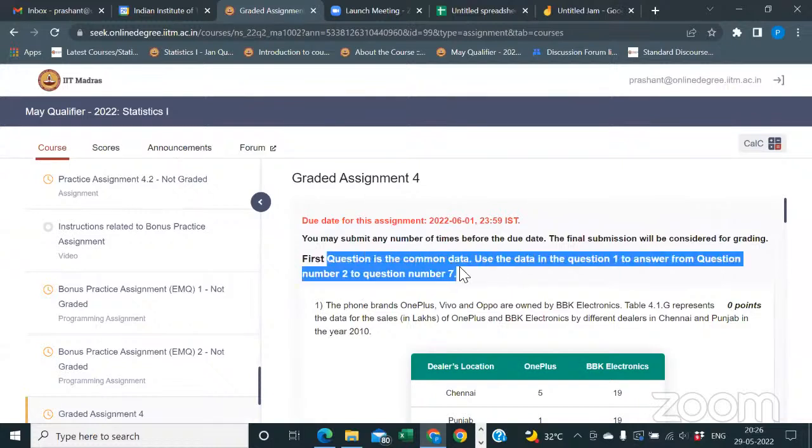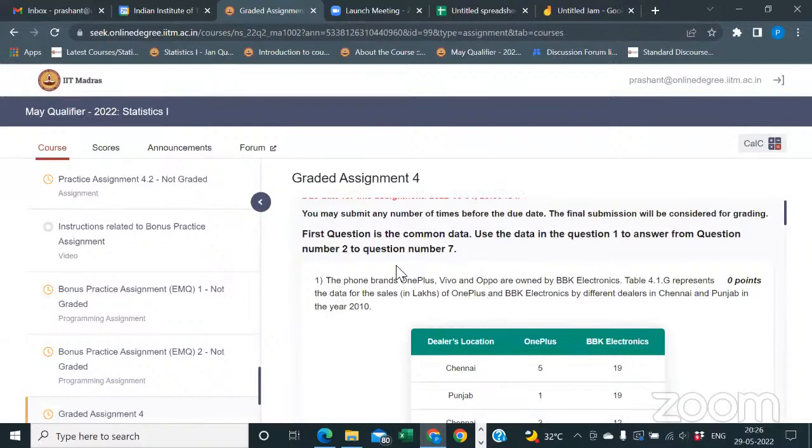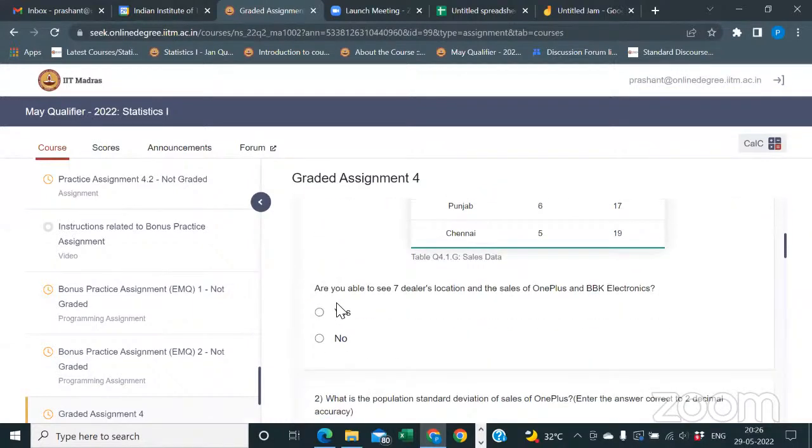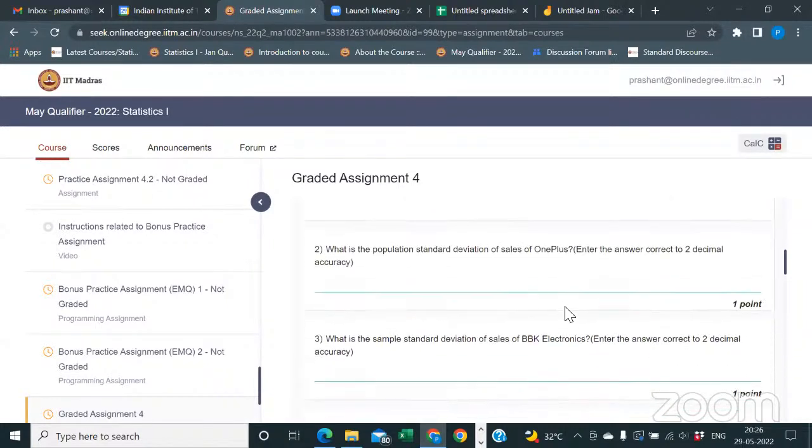The first question is the common data. Use the data in question 1 to answer question 2 to question 7. So question 1 is nothing but data. Are you able to see the 7 dealers' locations? Because this is a portal, sometimes data is not visible to students. That's why it's mentioned. And from the second question onwards, points are there. Okay, sir.